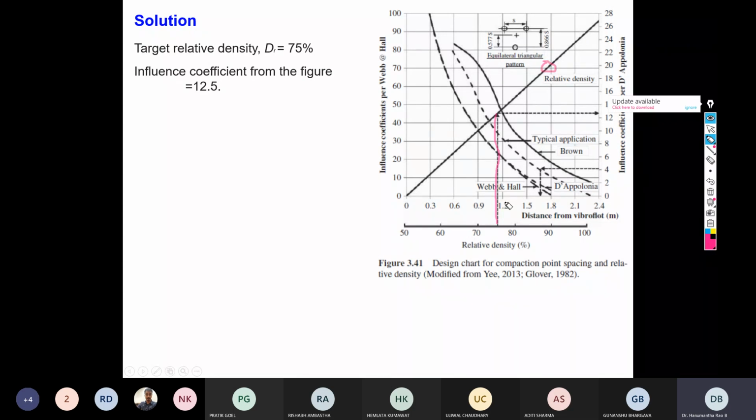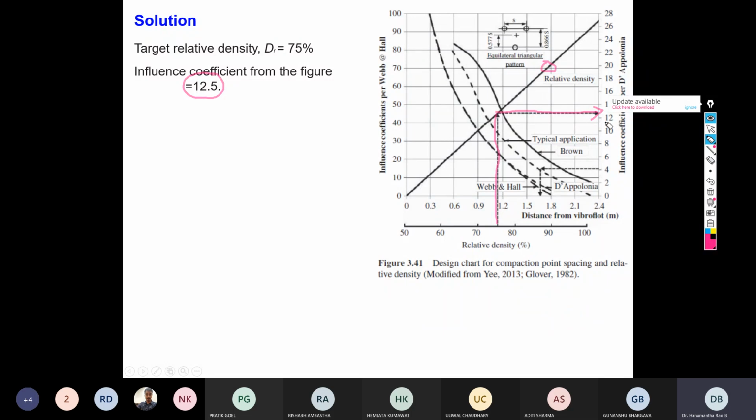Draw a vertical line from the relative density of 75% until it intersects the diagonal relative density line. From the intersection point, draw another horizontal line until it intersects the ordinate on the right side. At the intersection point of the ordinate, the approximate value of the influence coefficient is 12.5.